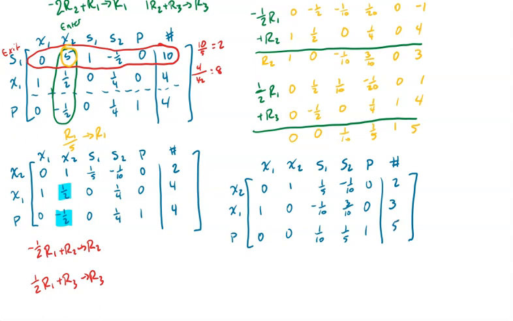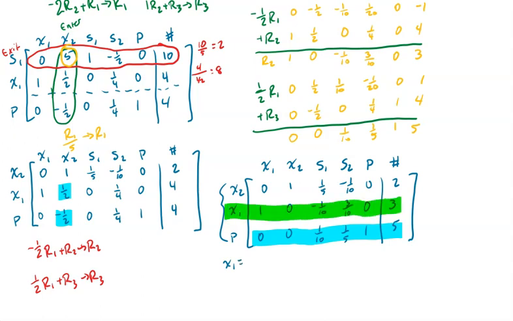1/5, 1, and 5. And luckily, there are no negatives anywhere in that bottom row, which means we are, in fact, done with the problem. So all we gotta do is say our answer. So remember, only the variables that are up here are gonna have the values. So x1 is going to be 3. x2 is going to be 2.